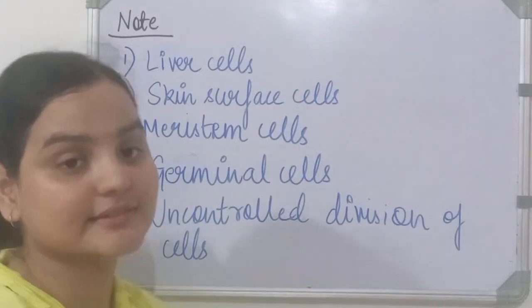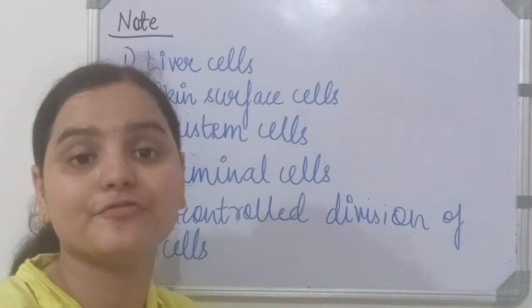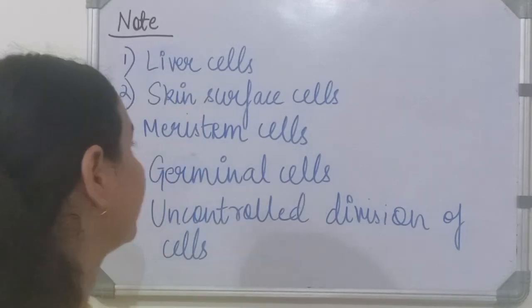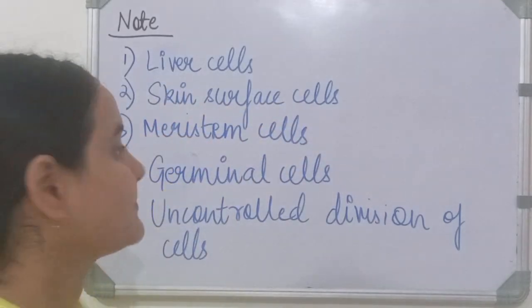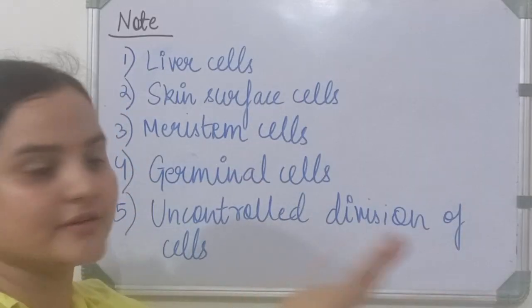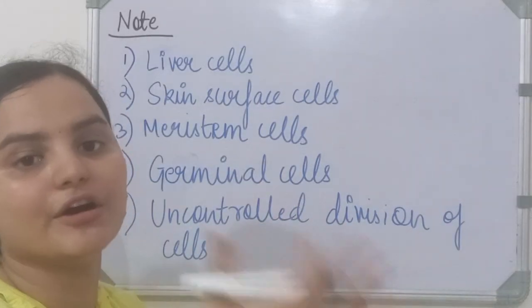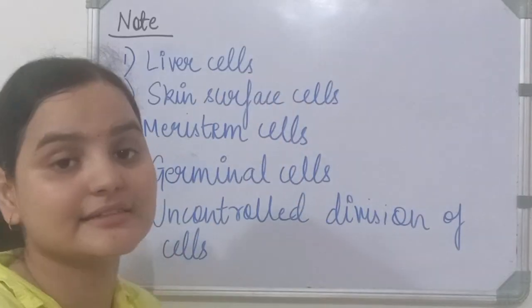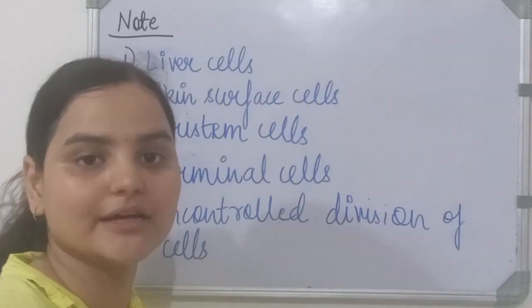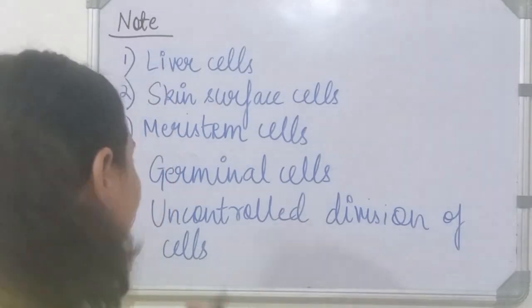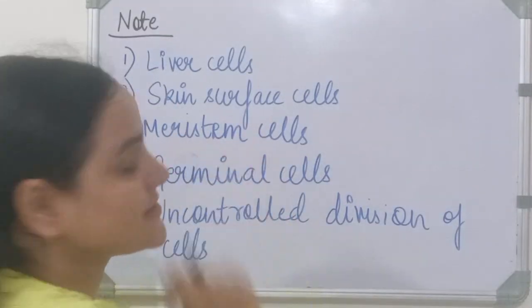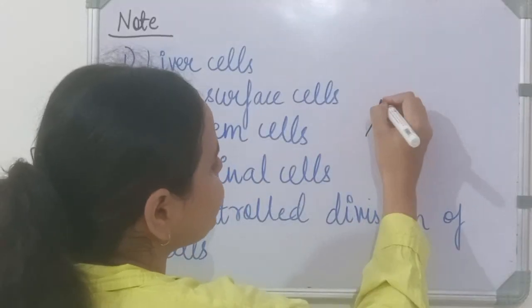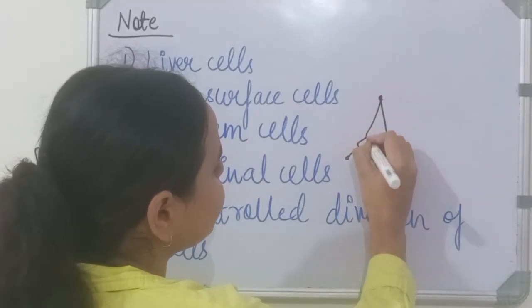So liver cells divide once every 1 to 2 years just to replace the lost and damaged cells. Okay, the skin surface cells. Our skin surface loses its cells continuously. So to replace those cells, our skin surface cells divide continuously. Okay, to replace those damaged cells. Now meristematic cells. These meristematic cells are present at the tip of our stem and at the tip of our roots.